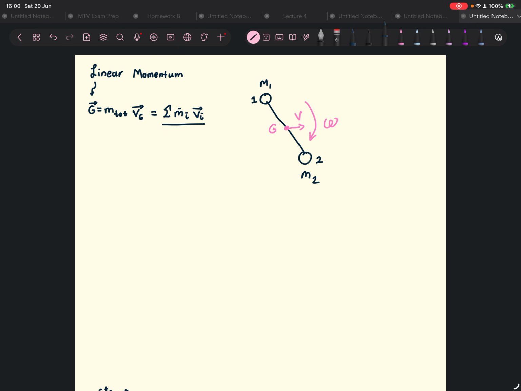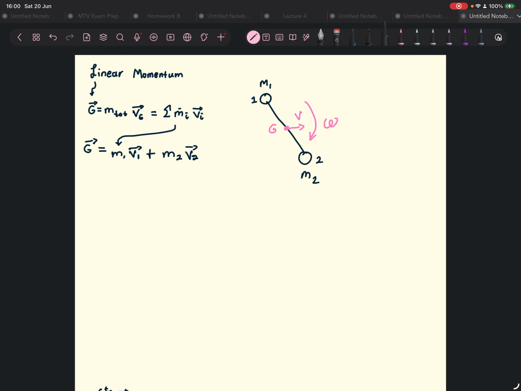Let's work out m times v for particle 1. First I'm going to break down this equation. It is going to become m1 times v1 plus m2 times v2. I'm just doing this calculation for both particle 1 and particle 2.